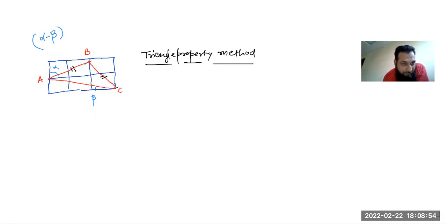Because A and B are connected across, it is like a diagonal, but for two grids together, for these two boxes together. Same way, B and C is also connected diagonally between two grids. So definitely AB is equal to BC, which implies ABC is an isosceles triangle.